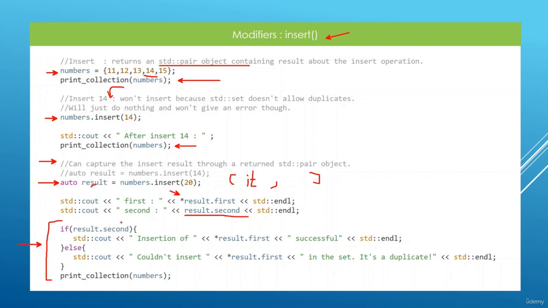If in the second position we have a true, our insertion was good, we can get the data and dereference our iterator. If it was a failure, we're going to fall down here and we can print an error message saying that our insertion was a failure and that it was a duplicate. You can do something like this. Hopefully you can see the usefulness of std::pair when you start working with associative containers like std::set.